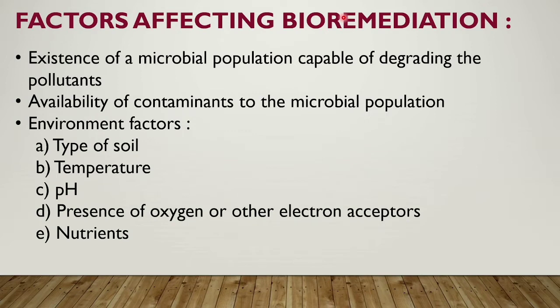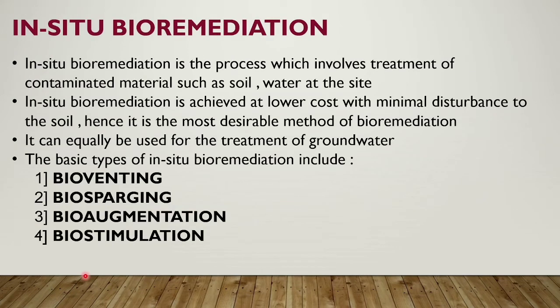Similarly, there are other factors such as type of soil, temperature, pH, presence of oxygen, and nutrients. Now, for bioremediation to occur, we require two main things. First, we require contaminants, and second, we need microbial population along with the appropriate environmental factors. So, now let's move towards the techniques.